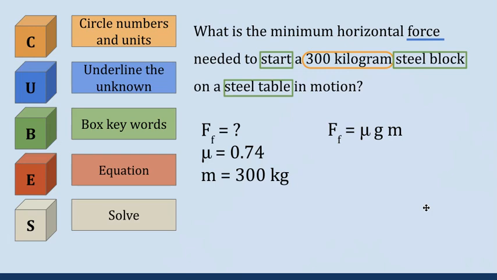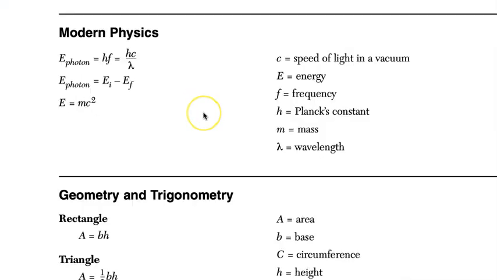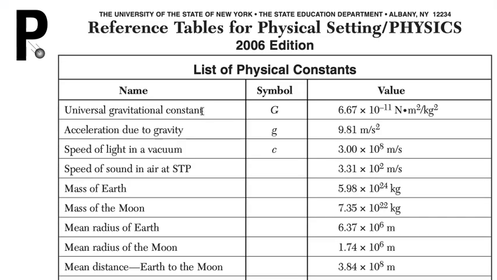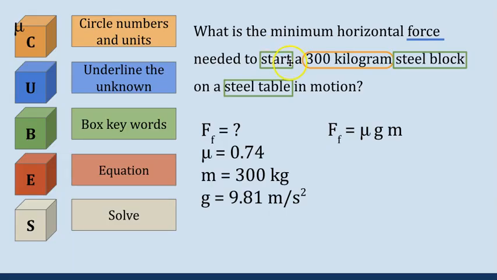I can't forget that I should still be listing out all of the variables I'm using, so I should also list out lowercase g. g is 9.81 meters per second squared, and I found that on the first page of my reference table. All the way at the top, acceleration due to gravity, g, is 9.81 meters per second squared. So I've got all my variables listed. Now I'm just ready to plug it into the equation.